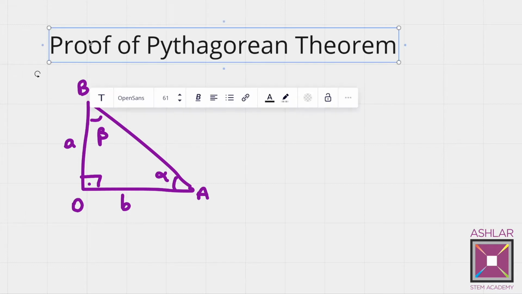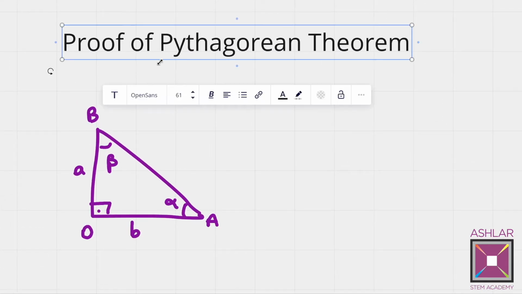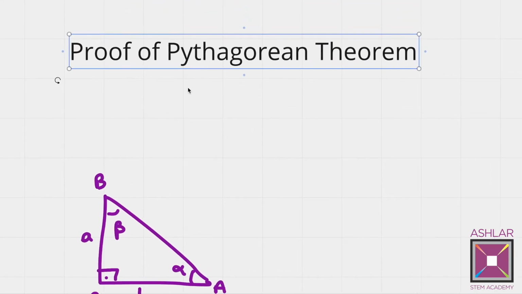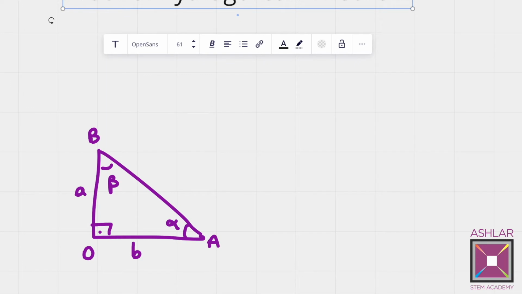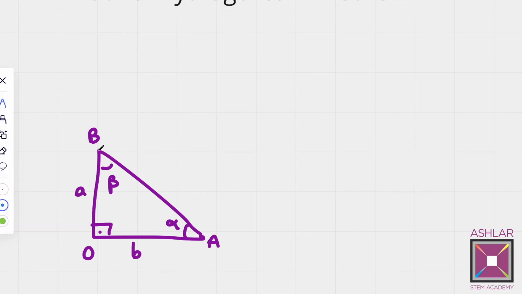So all we need to do now is put it a little bit up here. So we are gonna play with this triangle a little bit. So let's form another triangle, which is gonna be kind of a rotated version.